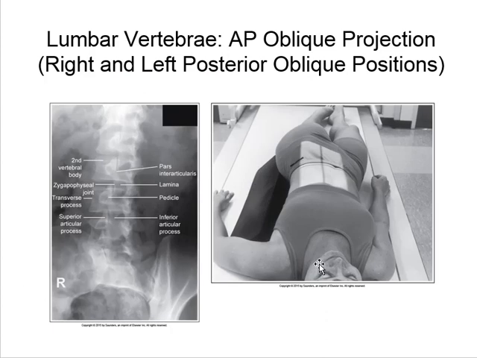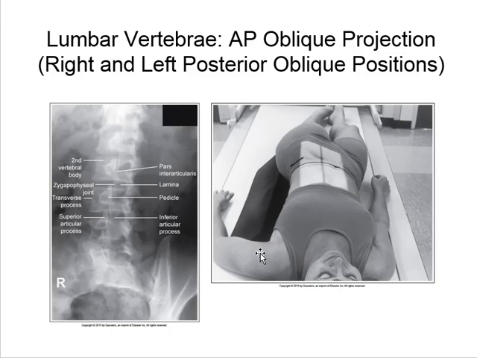So our obliques, remember that your spine slowly changes from C-spine to T-spine, T-spine to L-spine, L-spine to sacrum. So you may see some textbooks refer to positioning of the L-spine with different degrees of obliquities.